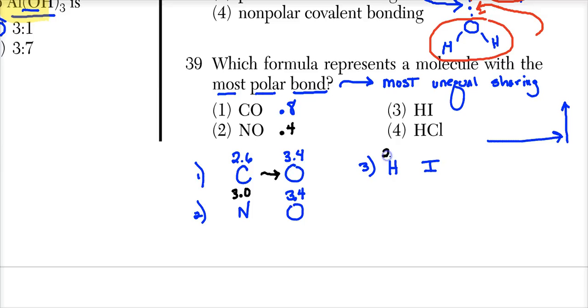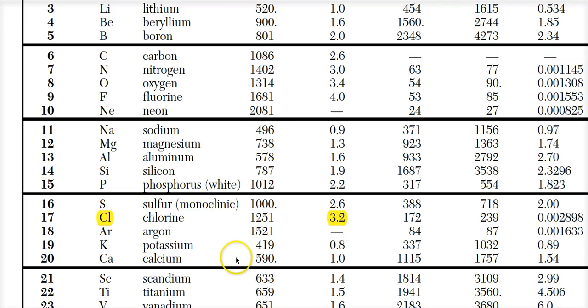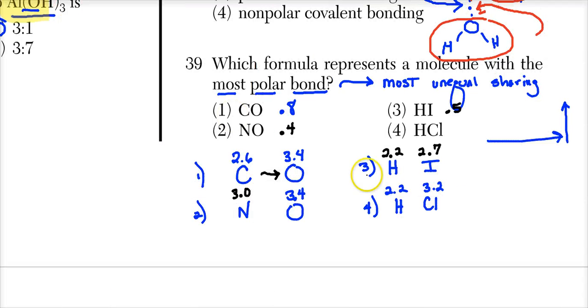So 2.2, 2.7, and that would give me a difference when I subtract of 0.5 electronegativity difference. And then we can go to choice number 4, where we have hydrogen, which you already know is 2.2, and now we have to find the chlorine, and the chlorine is 3.2. So the chlorine being 3.2, we subtract that and we get a difference of 1.0.